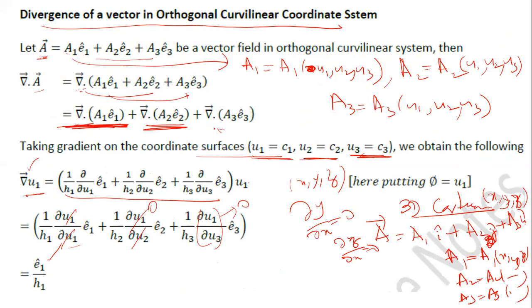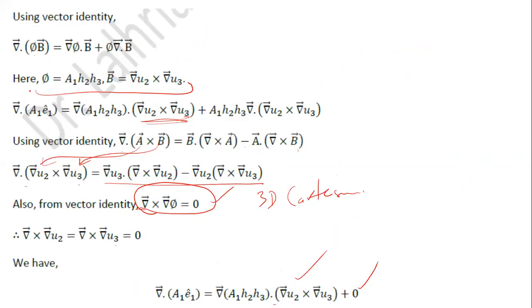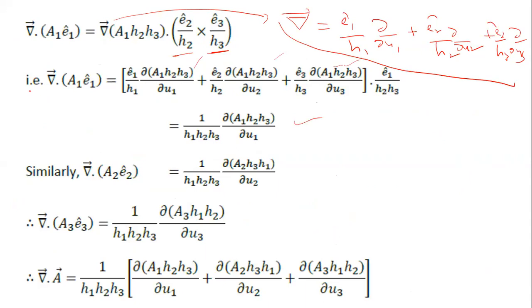So the first term, you can deduce it like that. And you have the second term and the third term here when you take the divergence of a vector. In the second term, divergence of A2 e2, similar to the first term calculation, if you follow that, it will result in 1 upon h1 h2 h3 and this differentiation. And divergence of A3 e3, the third term, it will result in this.